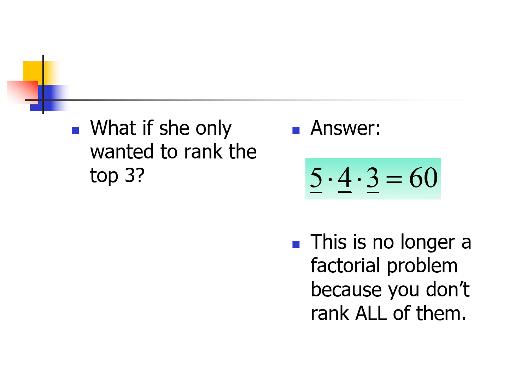Anong gagawin mo? So what you're going to do is multiply from 5 until yung third number. 5 times 4 times 3, which is equal to 60. So note that there is no longer a factorial problem because you don't rank all of them. Okay? Pag hindi lahat ang i-rank mo, do not use the n factorial.